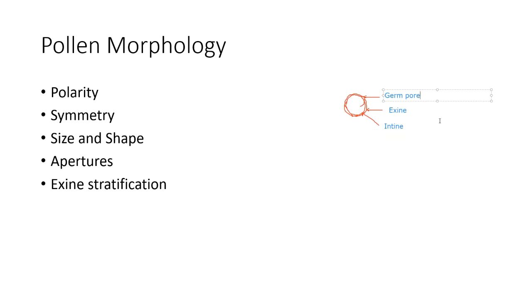But at the same time, you have to remember that the exine is made up of a chemically very complex component which is referred to as sporopollenin.